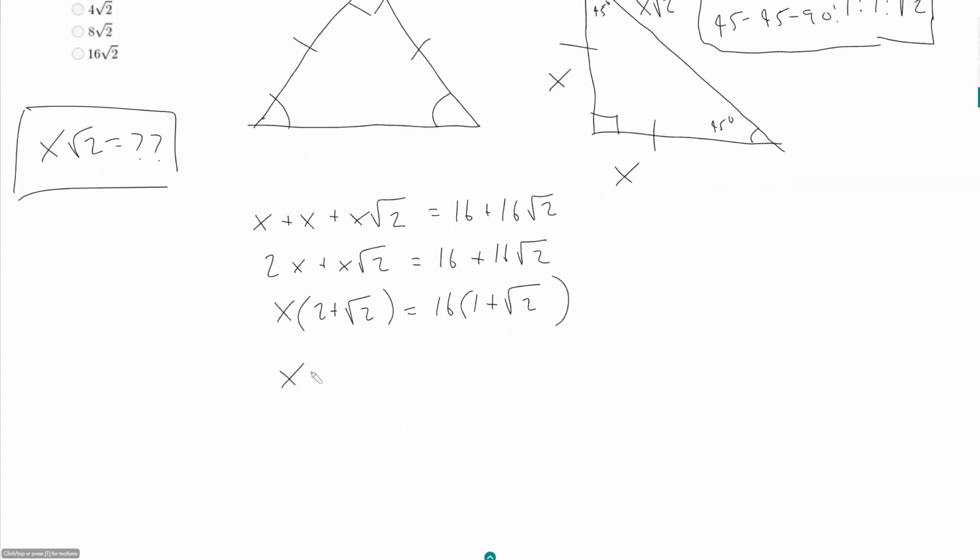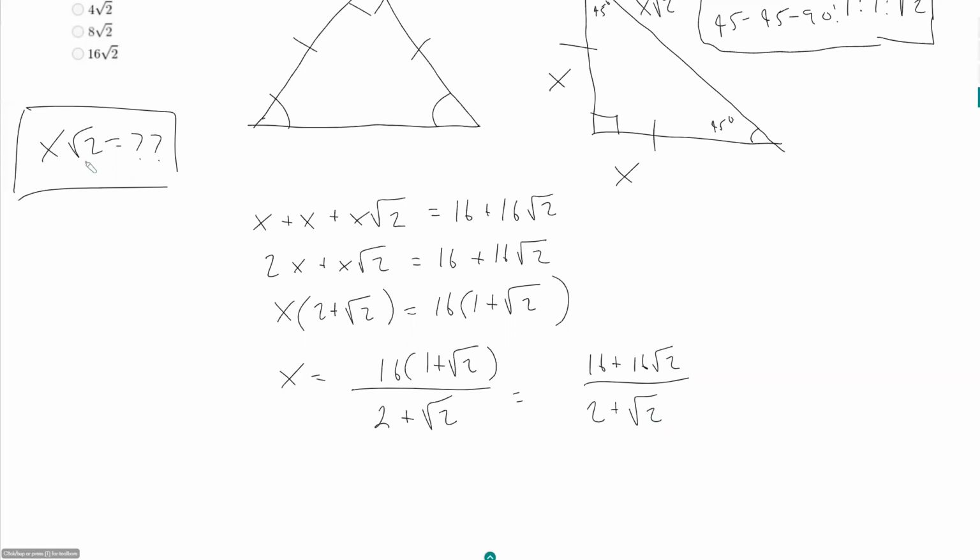So x should be equal to 16 times 1 plus rad 2 all over 2 plus rad 2. And I got to get x rad 2. Can I simplify this guy, though, anymore? So if I multiply this out again, 16 plus 16 rad 2 all over 2 plus rad 2. I don't think so.